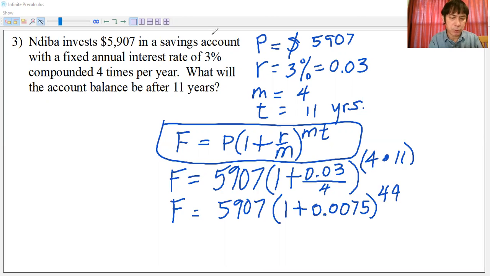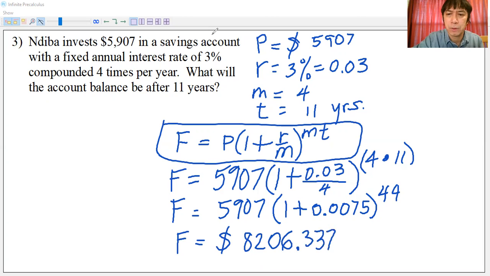All right. Let me just compute this. This will be 5907 times the quantity 1.0075 raised to the power 44. That should be about 8,206. This will be in dollars. 8,206.337,661.